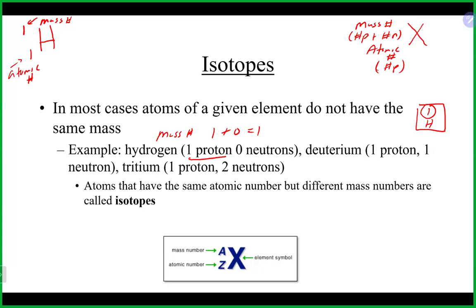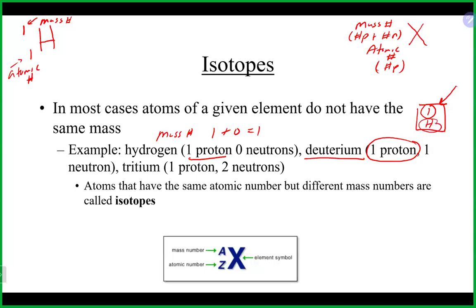Now we go to deuterium, and it doesn't even sound anything like hydrogen, right? But when I see that it has 1 proton and 1 neutron, as soon as I see that it has 1 proton, I know I could go to the periodic table because that's the atomic number. And even though deuterium doesn't sound like hydrogen, I know ultimately because it has 1 proton, it is still hydrogen.